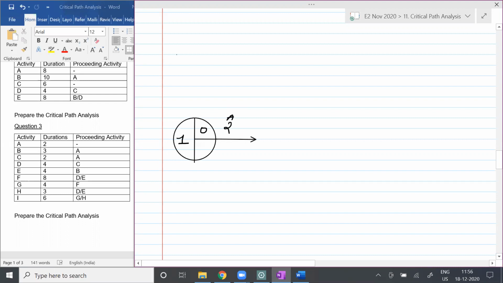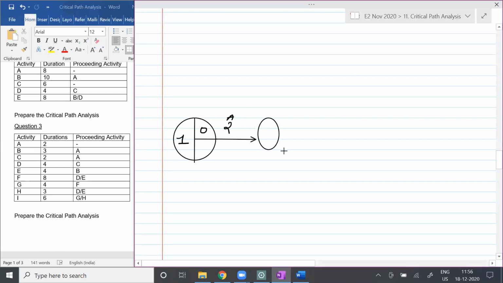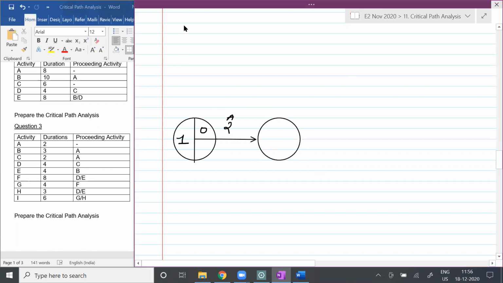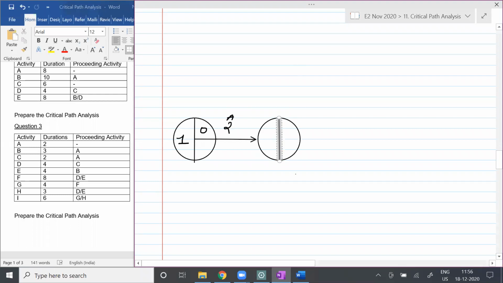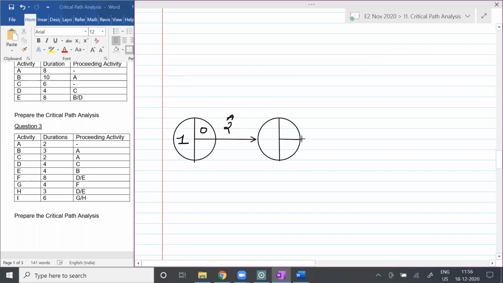So the earliest time A can be completed is within how many days, students? 2 days, right? Yes or no? So it's going to be 2 days. Any questions with that, students? Is that fine for y'all?